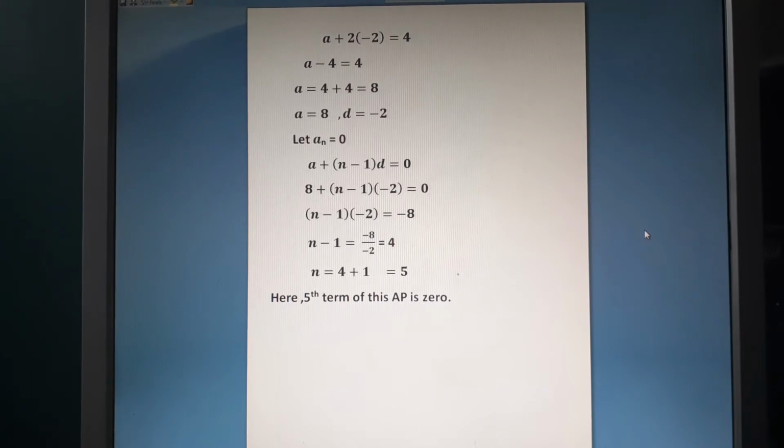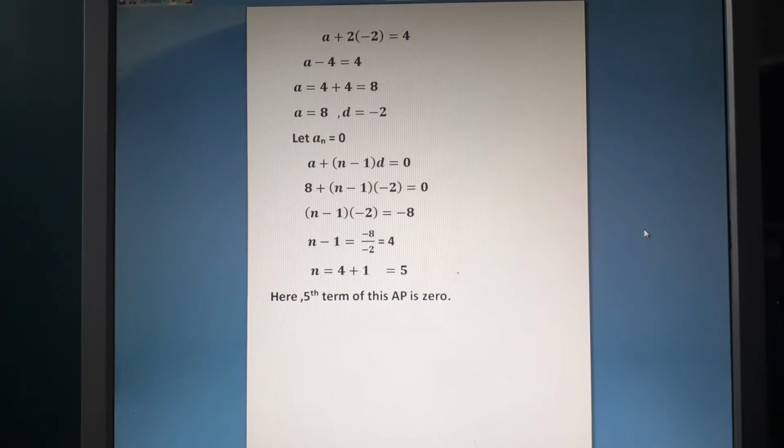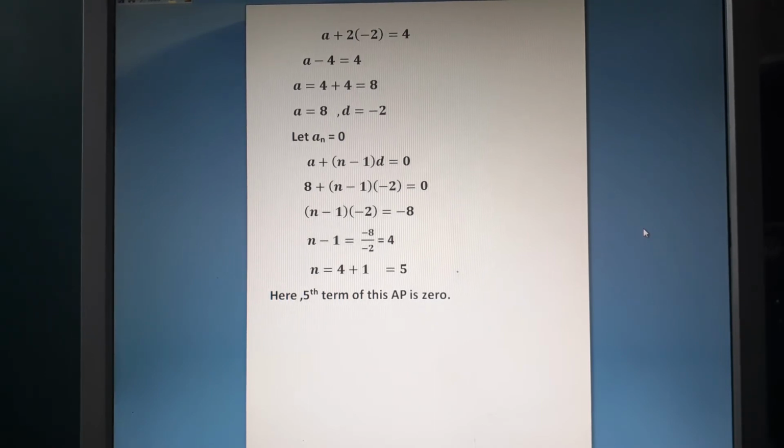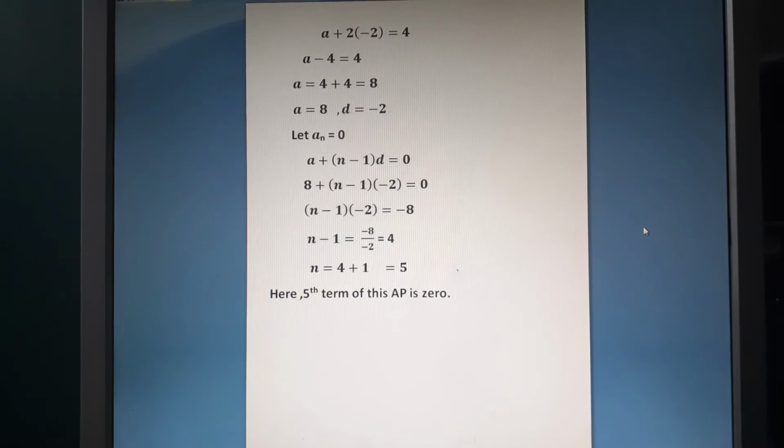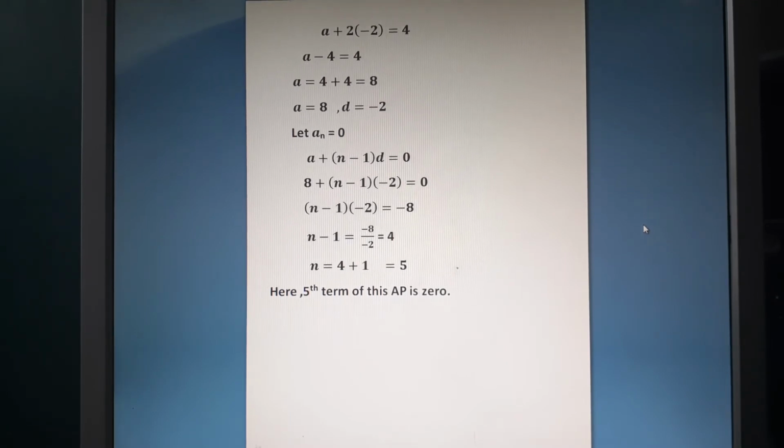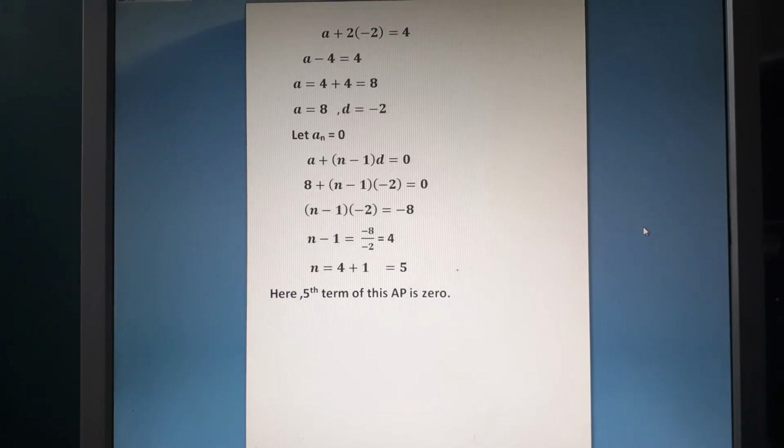Let a_n be equal to 0. The nth term is a plus (n minus 1) into d is equal to 0. Here, a is equal to 8, d is equal to minus 2. Applying the values in the formula, we get 8 plus (n minus 1) into minus 2 is equal to 0. (n minus 1) into minus 2 is equal to minus 8.